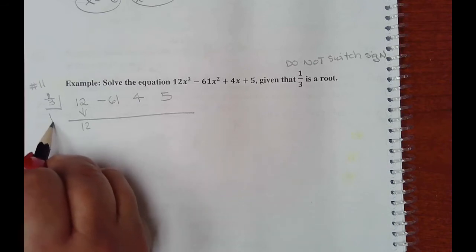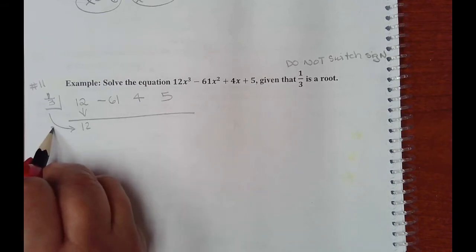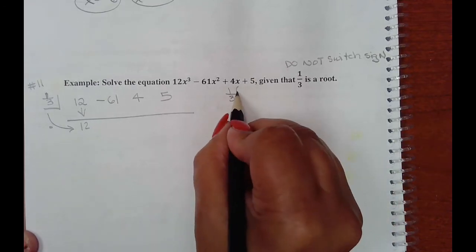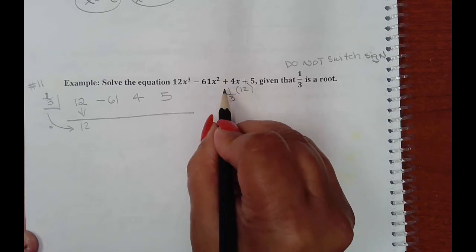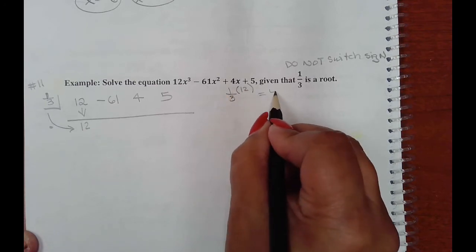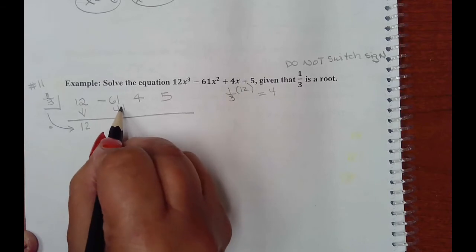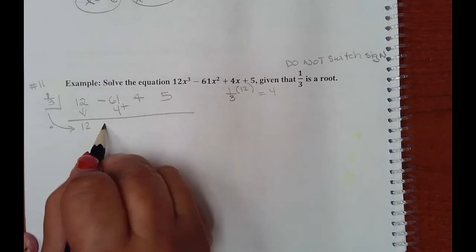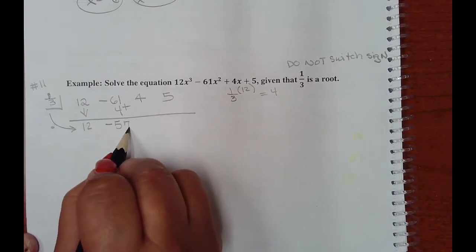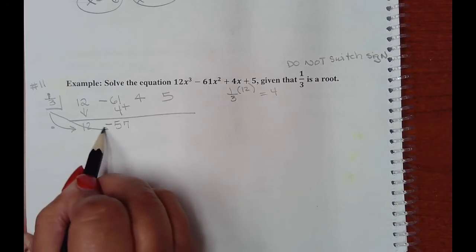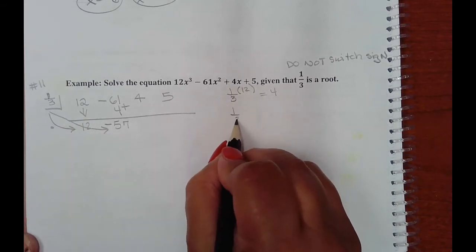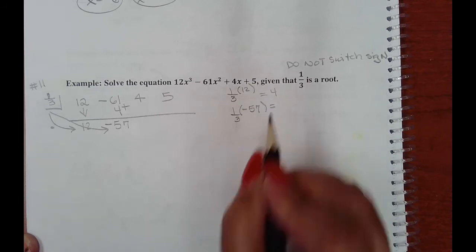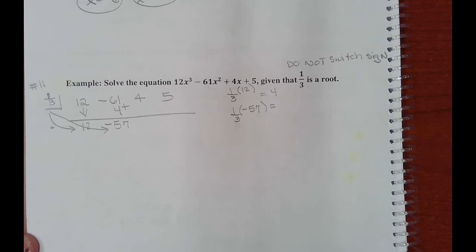Okay, so we're going to be multiplying 1/3 times 2 and then delivering that product right up here. So what is 1/3 times 12? Well, that would be 12 divided by 3, 4. Okay, and then you're going to go -61 plus 4, combine those two numbers, and get -57. Okay, next we're doing 1/3 times -57. I believe that's -19.